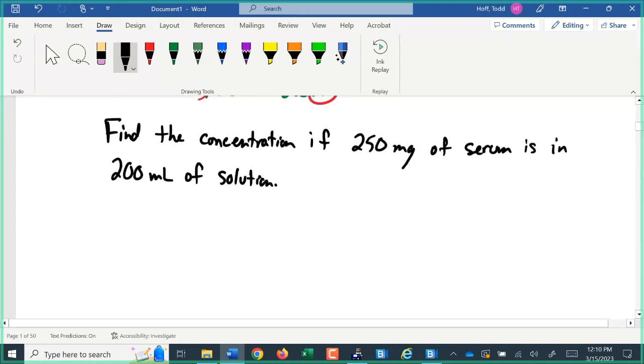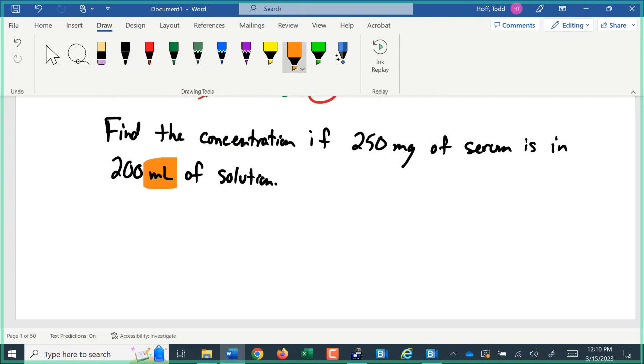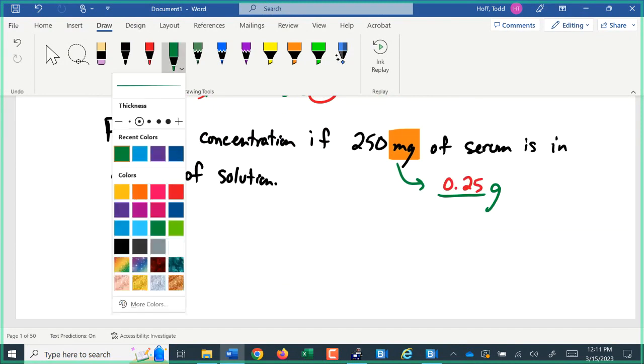Now, at first you say, well, it's 250 over 200. That's more than 100%. But remember, we have to be careful with our units. The volume's in milliliters. That's what we want. But the weight is in milligrams. So remember, we want that to be in grams. 250 milligrams becomes 0.25 grams.